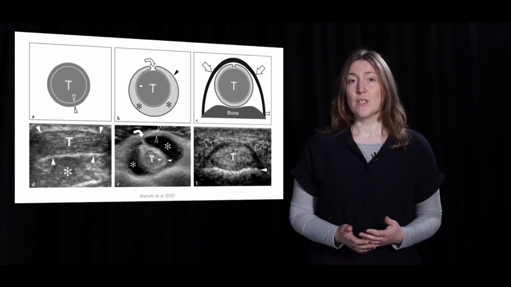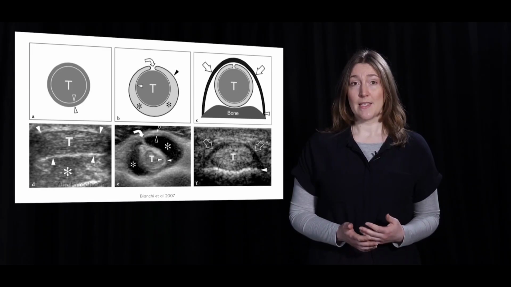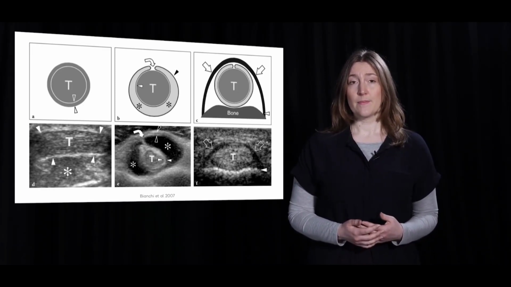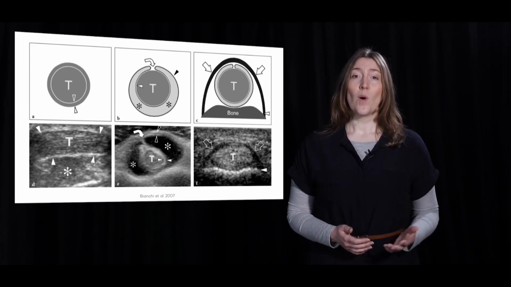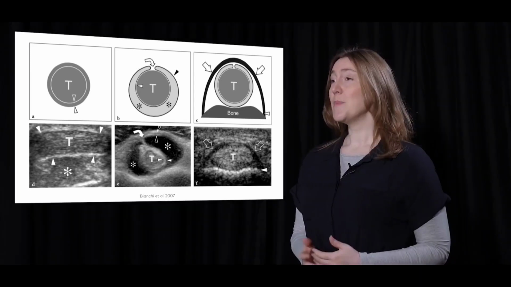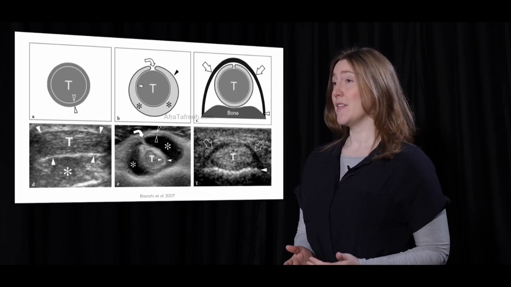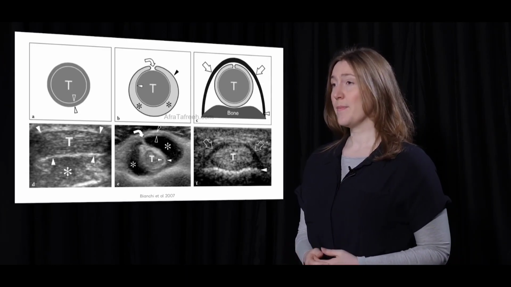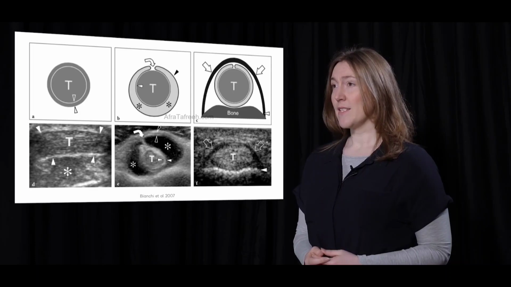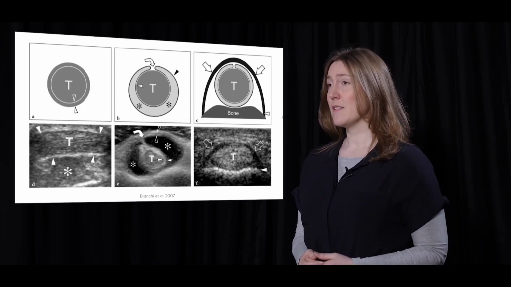In this image, you'll see 3 tendon types schematically and with the corresponding ultrasound image underneath. Type 1 on the left is a tendon invested by paratenon. Type 2 in the middle is a tendon invested by synovial sheath. Type 3 on the right is an example of the flexor digitorum tendons of the fingers.